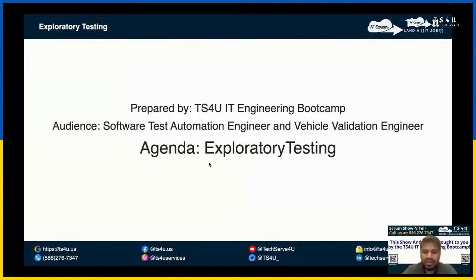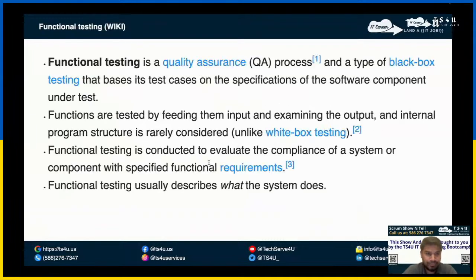Okay, so let's quickly go over the buzzwords. Functional testing is a quality assurance process. I took it from the wiki, so you guys know that. It's a QA process and a type of black box testing that bases its test cases on the specification of the software component under test. Black box means you do not know the code, all the UI. That's called black box. Anything you do on the web or mobile is black box.